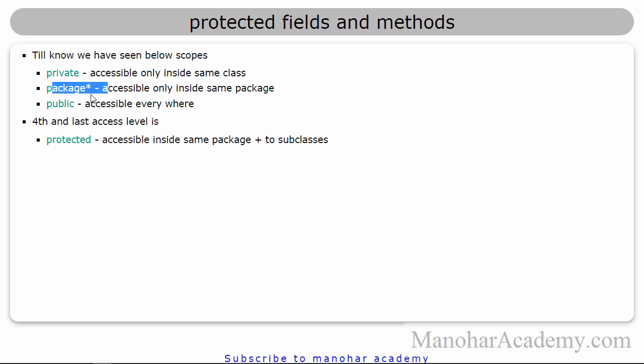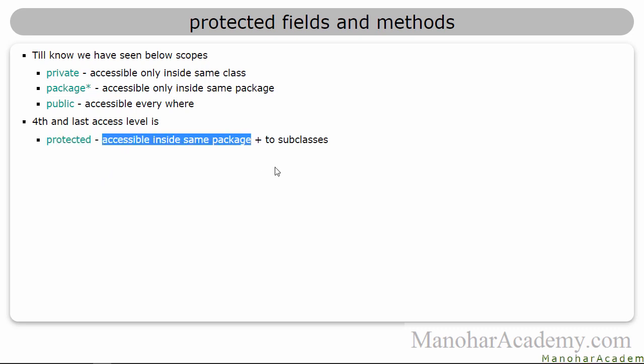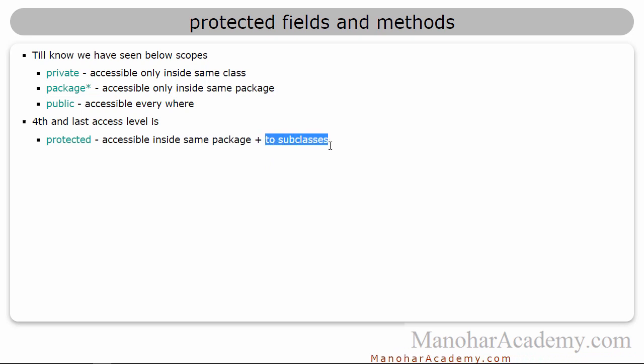And package scoped, that is default, if you don't provide any keyword, is accessible only inside the same package. The protected is somewhere between the package scope and public scope. They are accessible inside the same package, just like package scope. Also they are accessible from the subclasses in a different package as well.